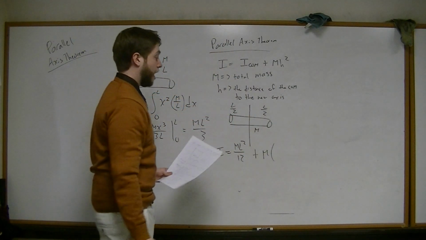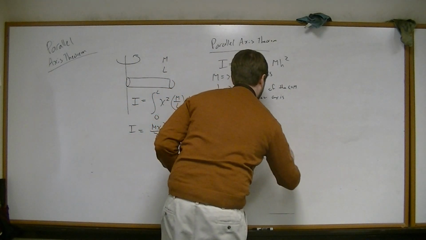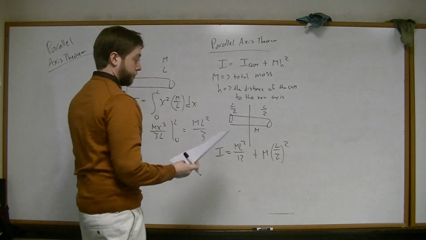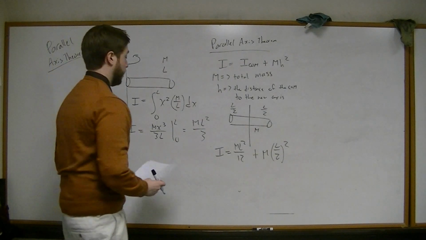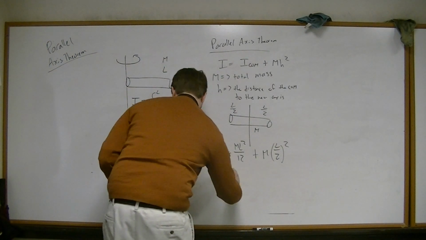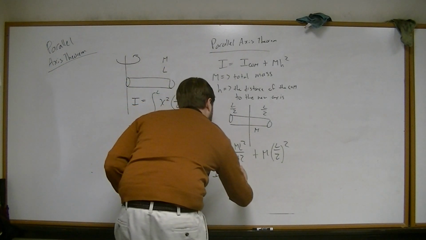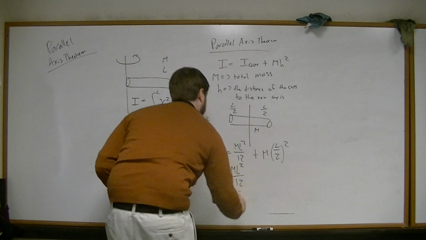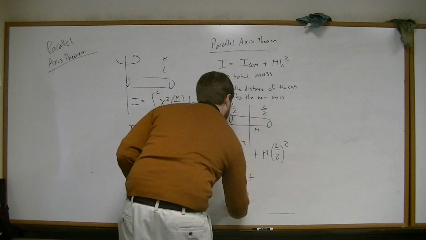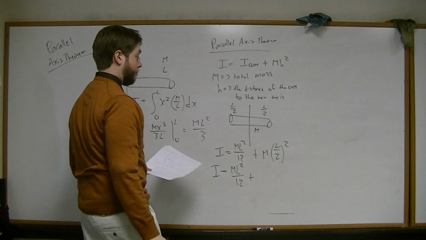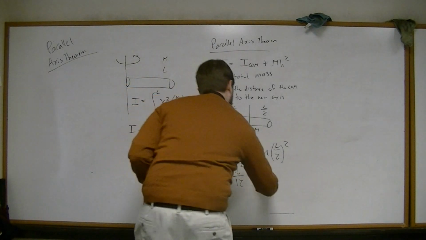We've moved it a value of L over 2, and then we square it. That is going to give us mL squared over 12 plus mL squared over 4.